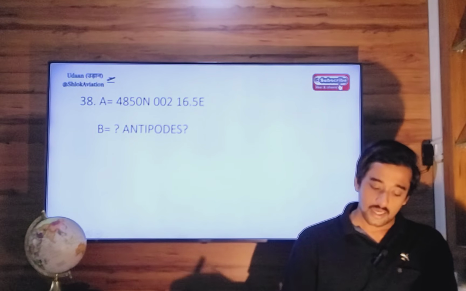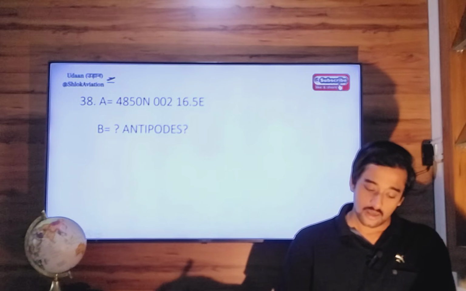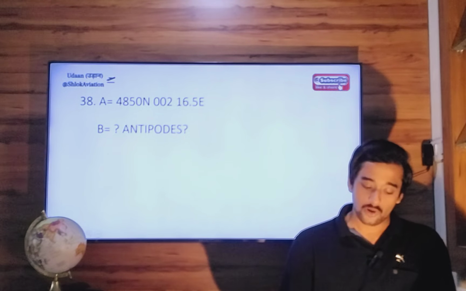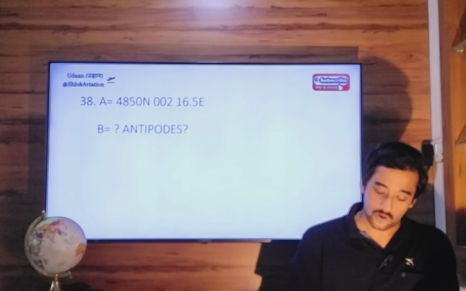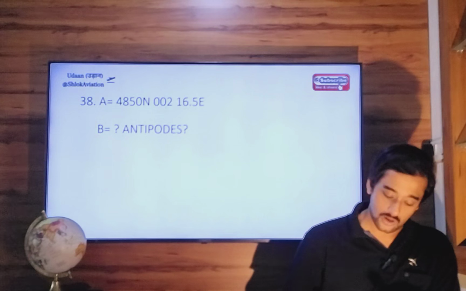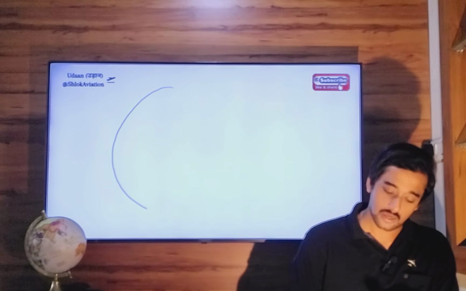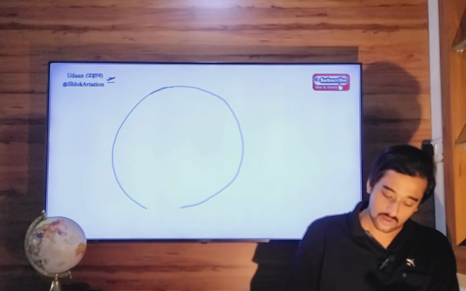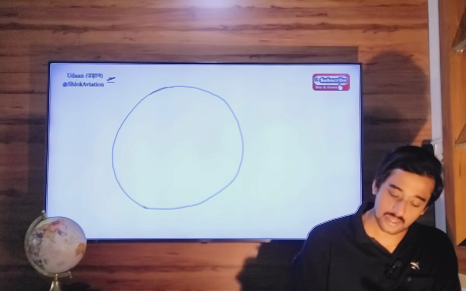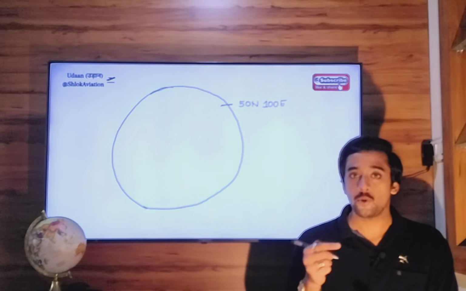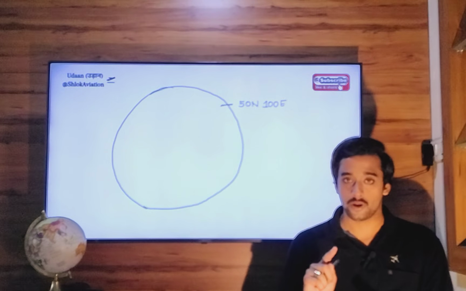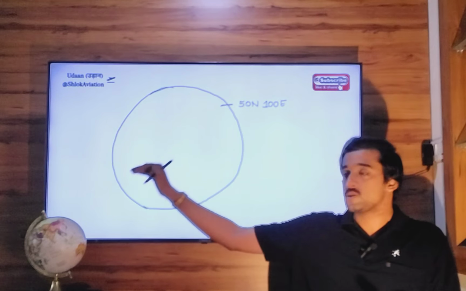Next. A is 48 degrees 50 minutes north, 2 degrees 16.5 minutes east. What is the antipodal point? So let's say this is your Earth surface. We have one position given, let's say 50 degrees north and 100 degrees east. So the antipodal point is the point directly opposite to this position.